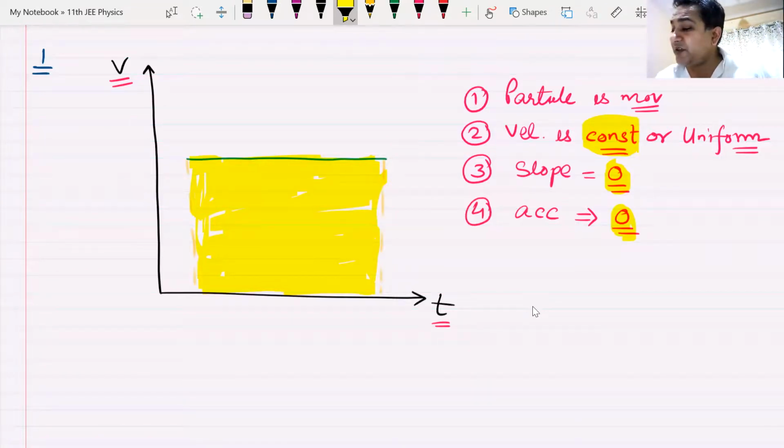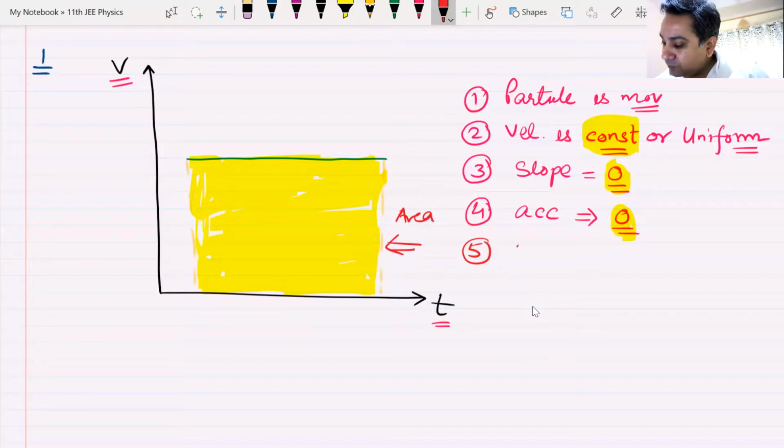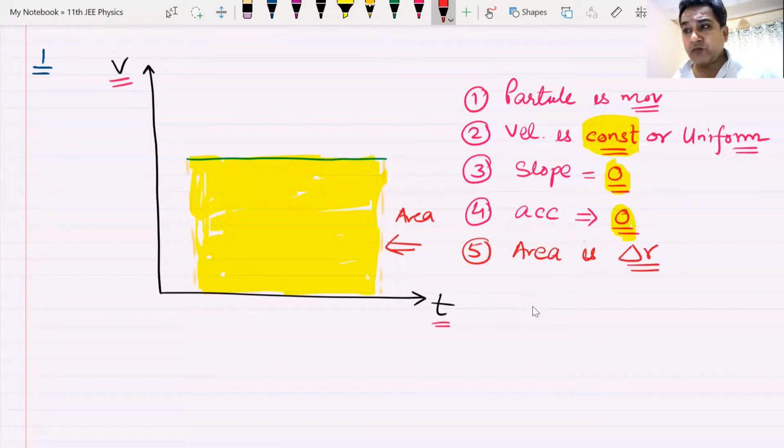This area gives me the displacement. Displacement is not velocity into time, beta. Displacement is average velocity into time, not velocity into time. So this gives me displacement.